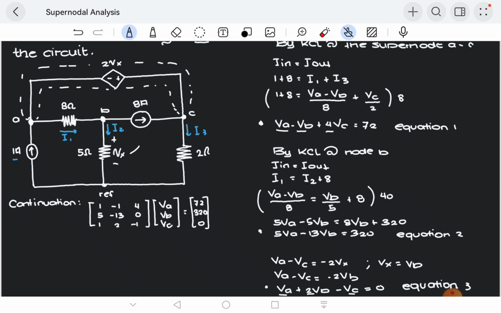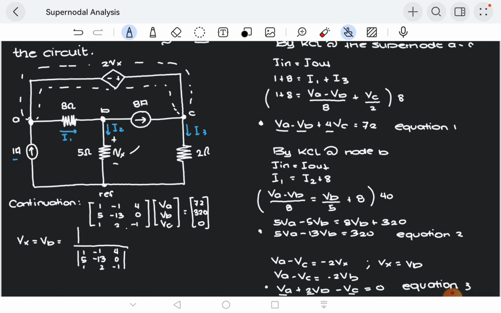And so we can solve for Vx, which is equal to VB, by Cramer's rule. The determinant is 1, 5, 1, negative 1, negative 13, 2, 4, 0, negative 1.